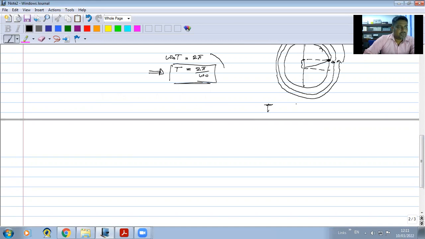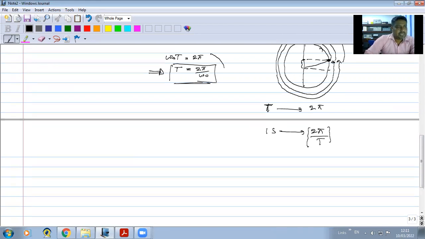That means within capital T it is traveling 2 pi radians. So from T time, it is traveling 2 pi radians. And what is the angle traveling for 1 second? That is 2 pi by T. So this is the angle per 1 second.